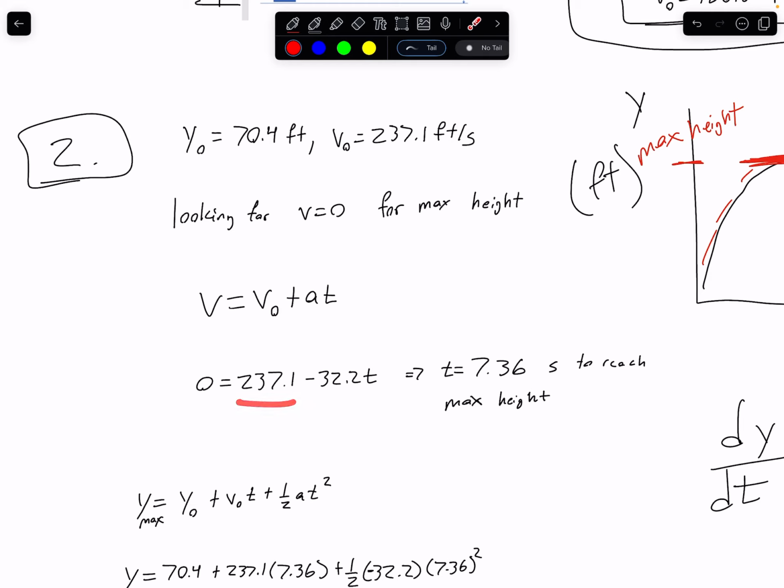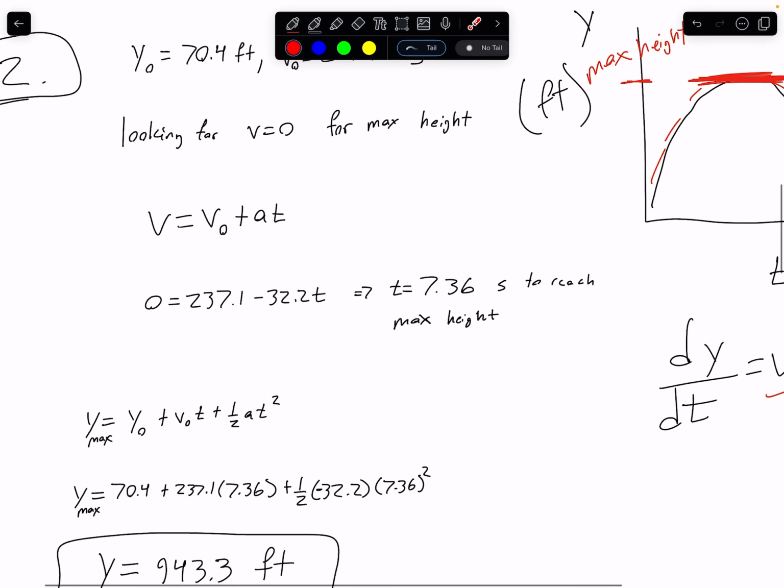Initial velocity is 237.1 feet per second, and negative 32.2 feet per second squared for gravity. We plug and chug. We get t equals 7.36 seconds to reach the maximum height, where velocity equals 0.